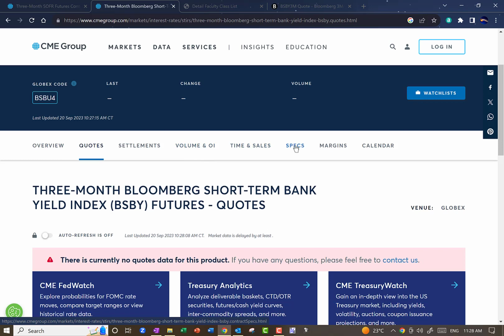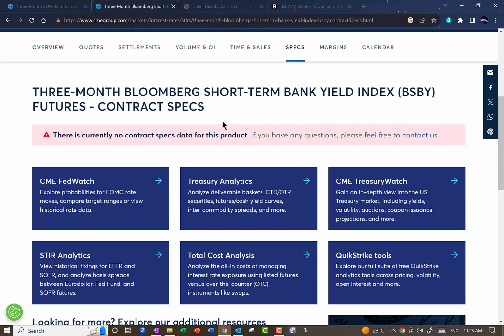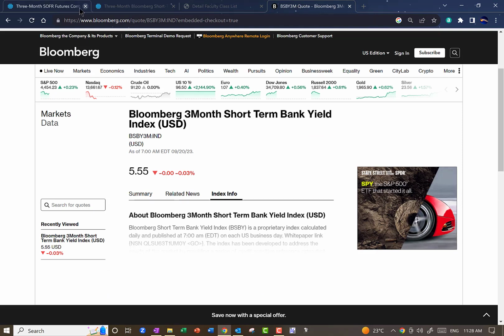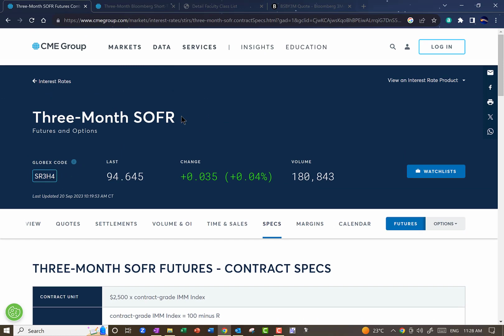You can also use an existing product called 3-month SOFR futures. SOFR is short for secured overnight financing rate. But the design is like the Fed funds rate futures. It is based on a 3-month average preceding the contract month.